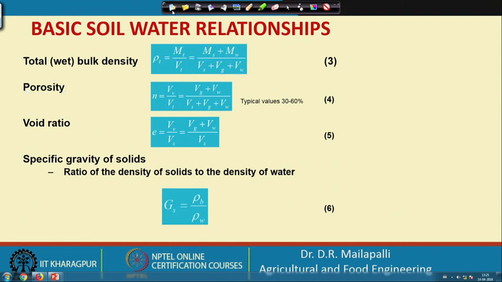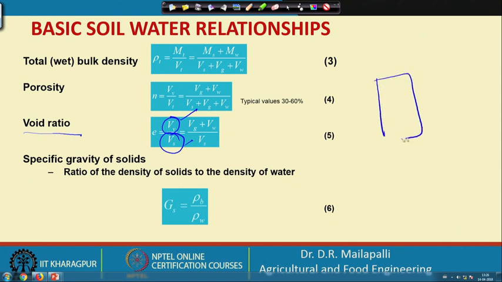Then you have the void ratio. The void ratio is the ratio of the volume of voids to the volume of solids. So, how proportionately the volume of voids and solids are related.